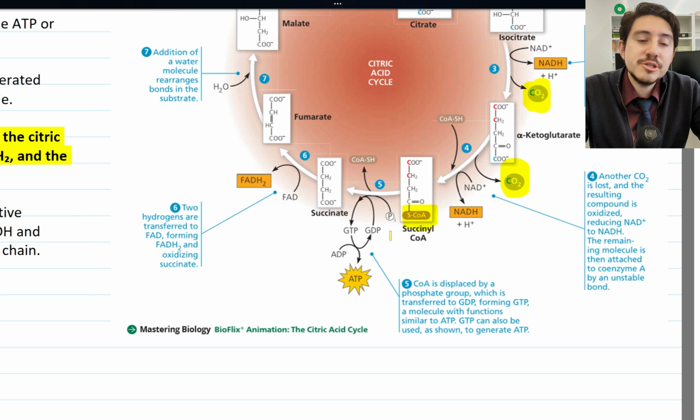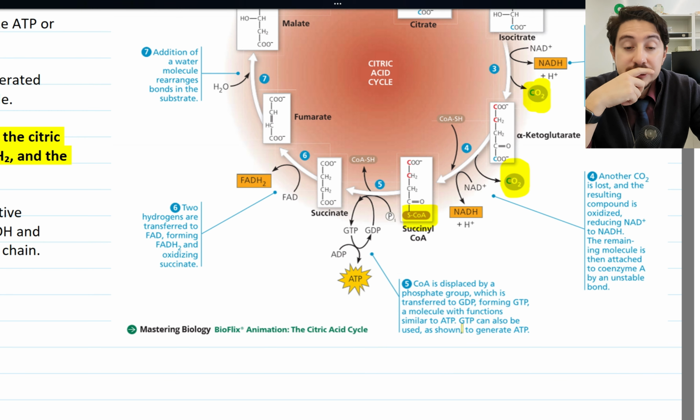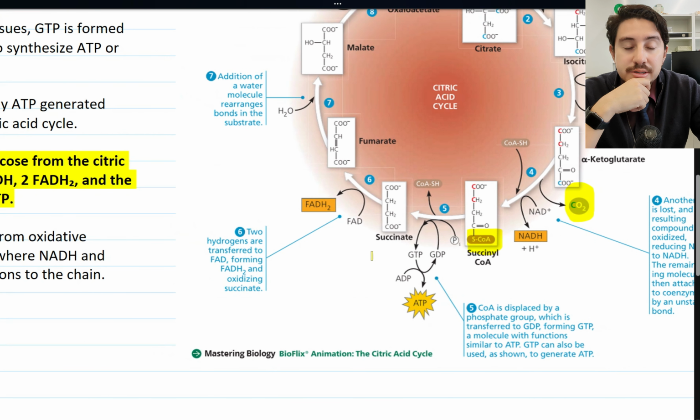GTP is very similar to ADP. It's an energy carrying molecule also, which gets phosphorylated into GTP. And then this GTP ultimately produces ATP. It will carry energy from ADP to produce ATP. Again, as I was saying, GTP can also be used to generate ATP. And then you get another intermediate molecule here, succinate.